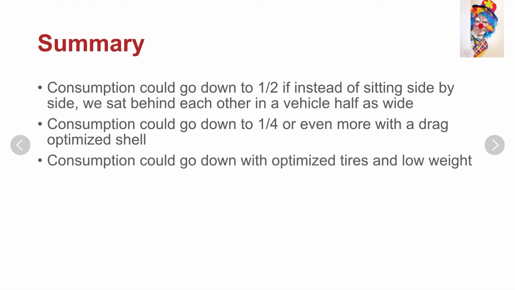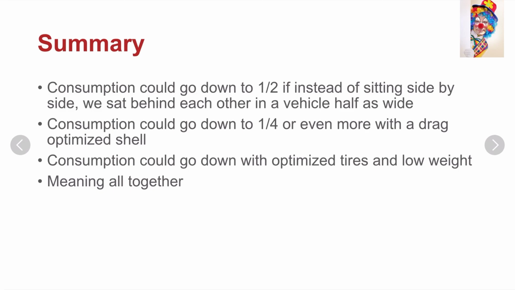And the consumption could go down with optimized tires and low weight. I don't know why we need 2000 kilograms or more for the transport of 1 or 2 persons. And also optimized tires are important, because you can come down from 12 thousandths to 6 thousandths for the rolling resistance coefficient.